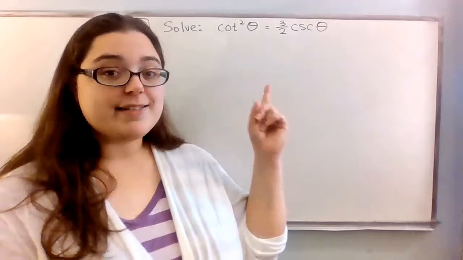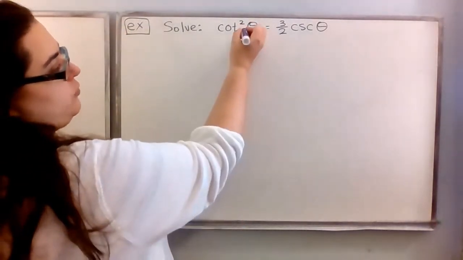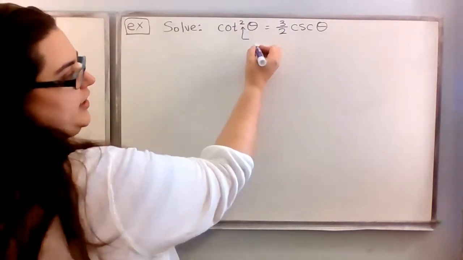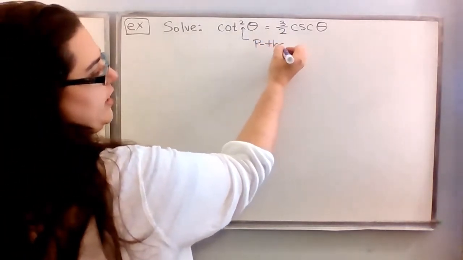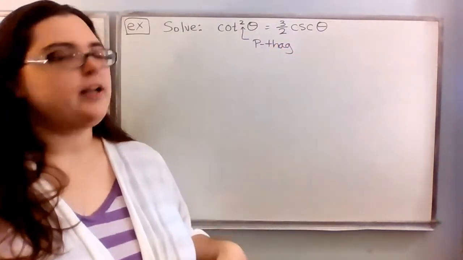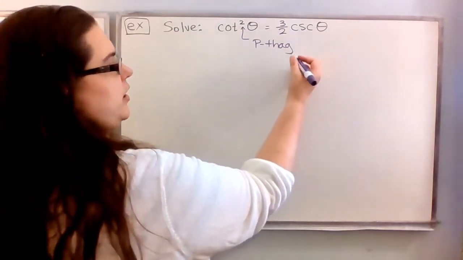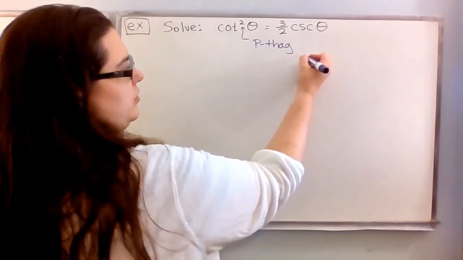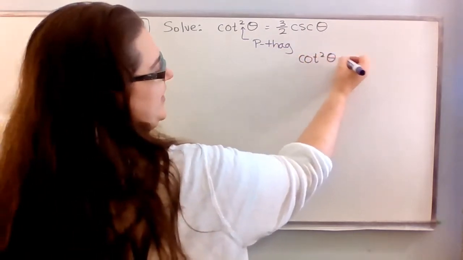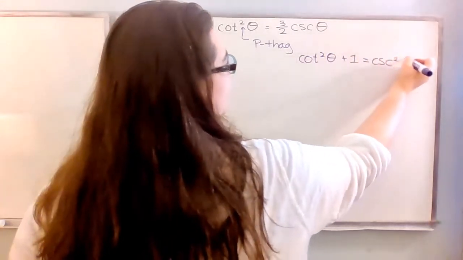What my eye is seeing is this cotangent squared here. If you have one of the trig expressions being squared, that's a good indicator that you want to use a Pythagorean identity. We do have a Pythagorean identity that involves cotangent, and that's cotangent squared theta plus 1 is equal to cosecant squared theta.